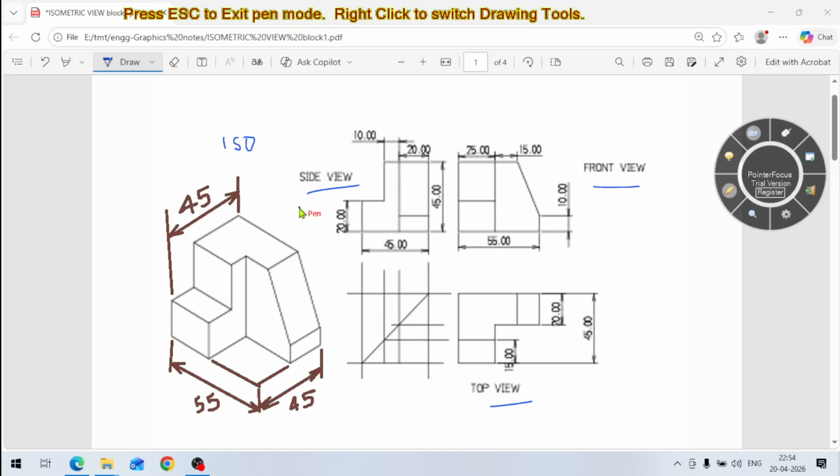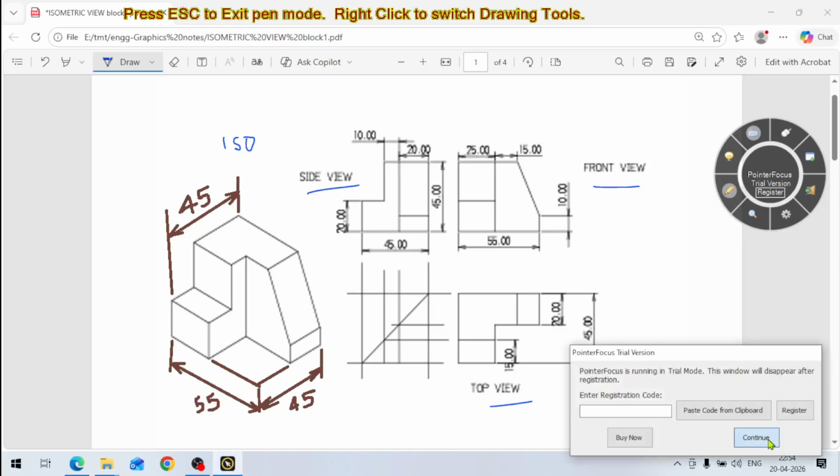Now what about other dimensions? Say here, this step is given 20 mm. This step, how to give this dimension? This step is 20 mm.